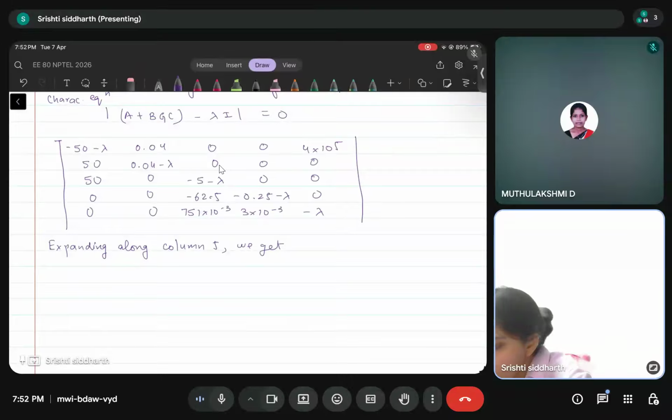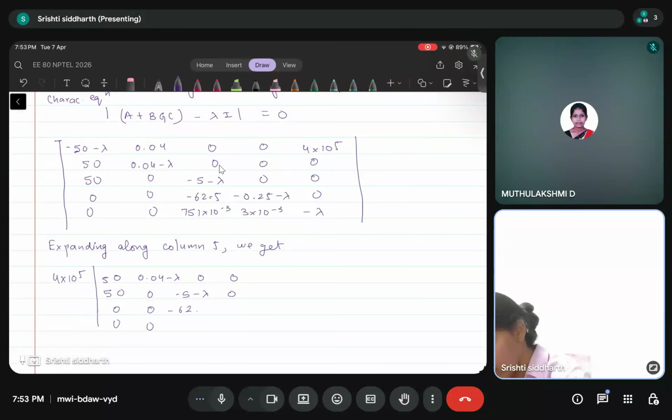Okay, so this is going to be 4 into 10 to the power 5. Zero. And then this is minus lambda times.